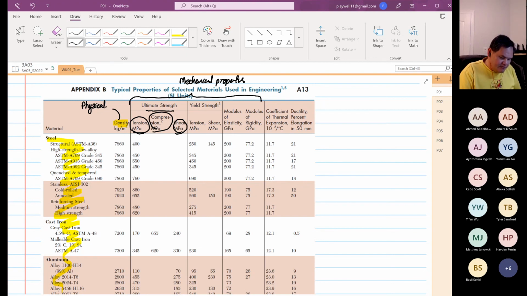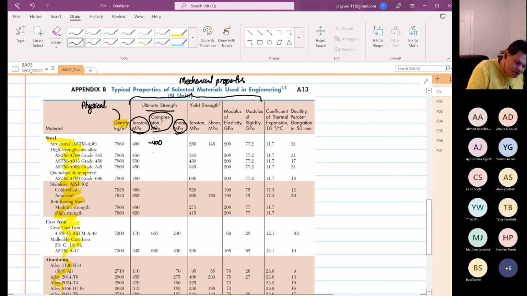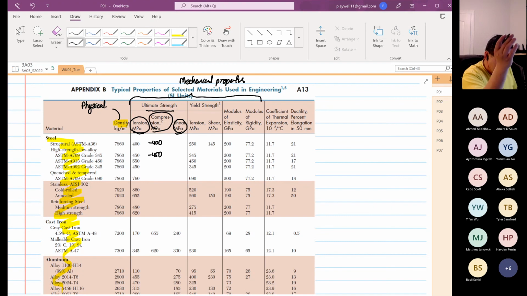A very interesting feature to see is that in steel, the values are usually given in tension only. You have nothing in compression. So you can make the assumption that in compression you would have minus 400, minus 450; the magnitude in tension or compression is the same for steel.